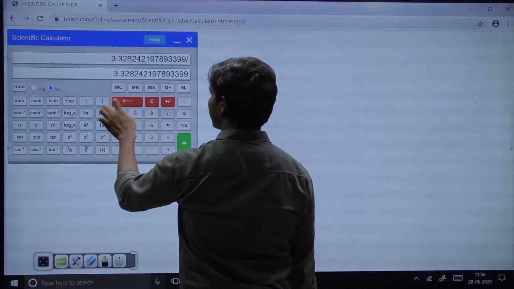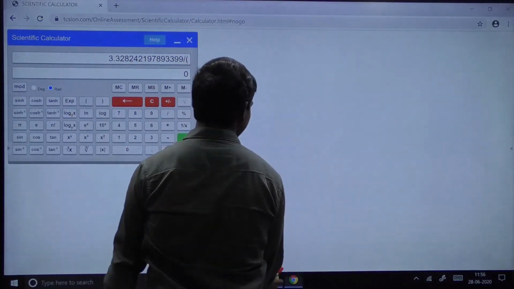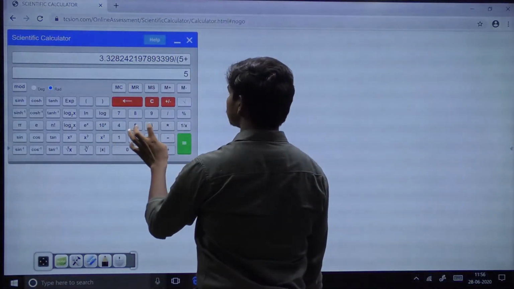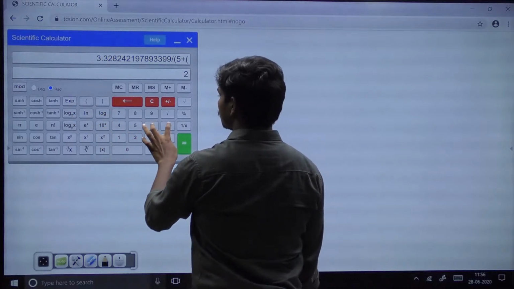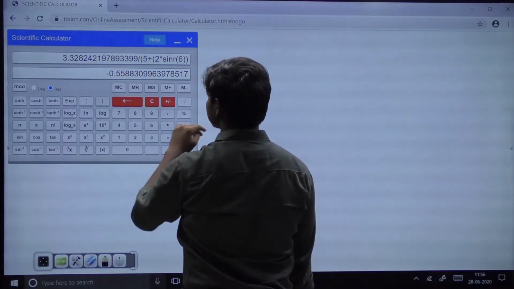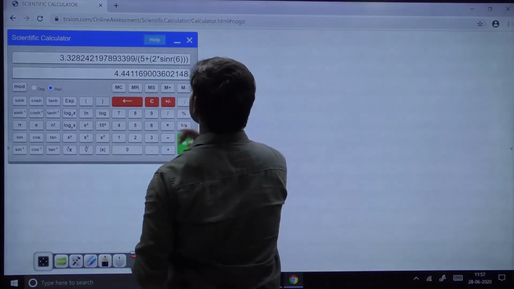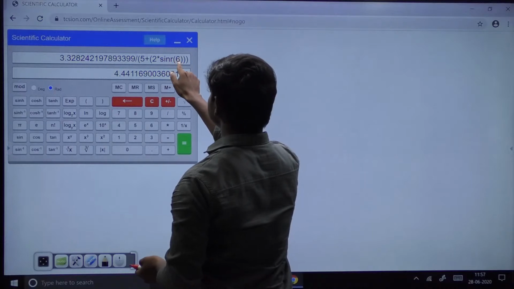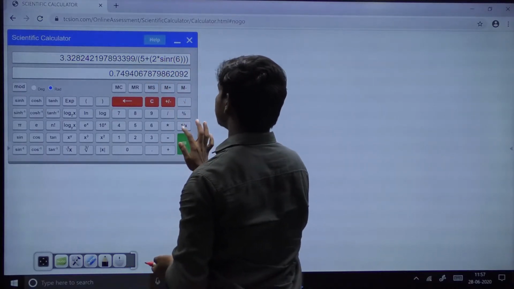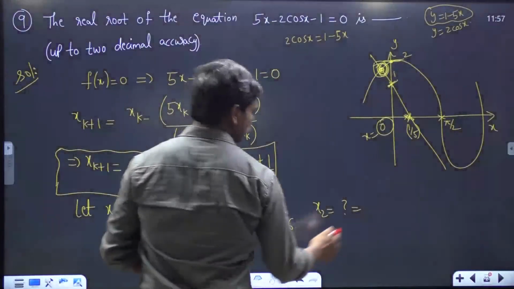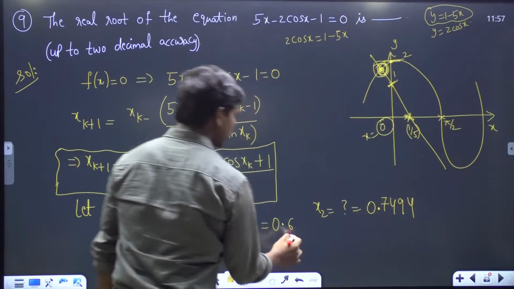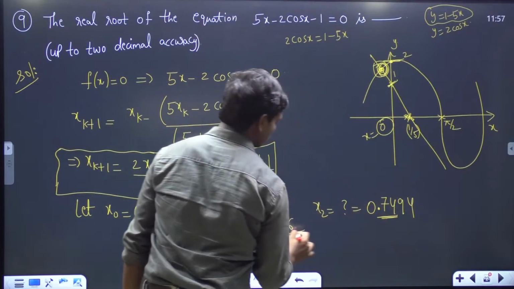So this is the numerator, divided by 5 plus 2 sin xk. So 5 plus 2 sin of 0.6 radians. This bracket closes for 2 and this bracket closes for 5, and that's the value. So 0.7494. If you see, these two digits don't match here.